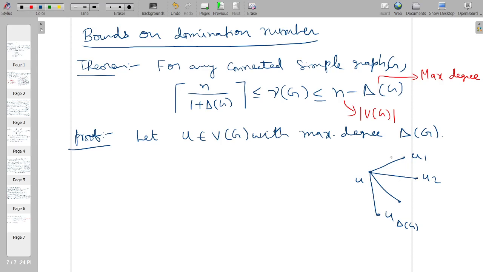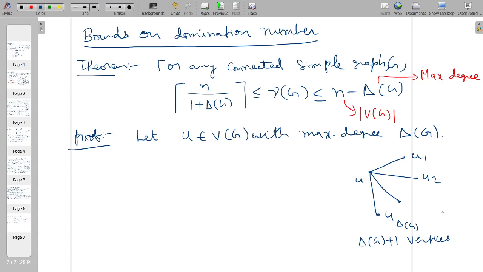Now totally there are delta of G plus 1 vertices. Suppose I include u in the dominating set, then u would dominate itself, and it will also dominate all the neighbors, which are delta in number.